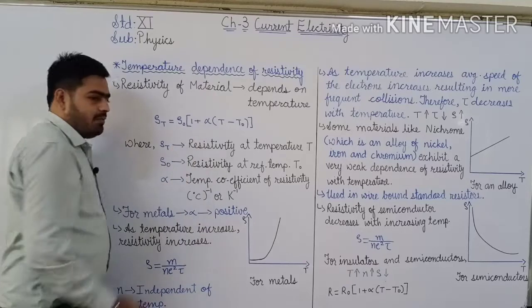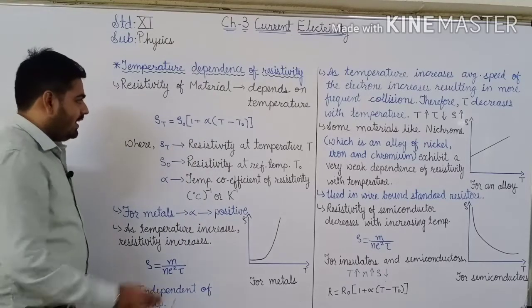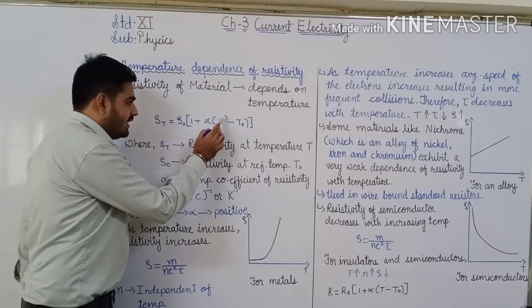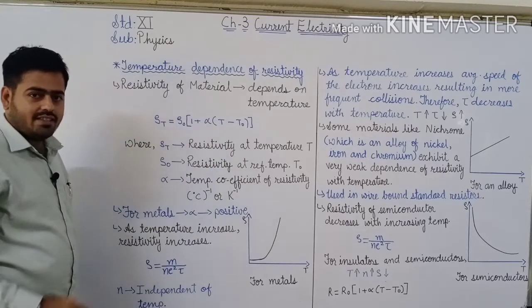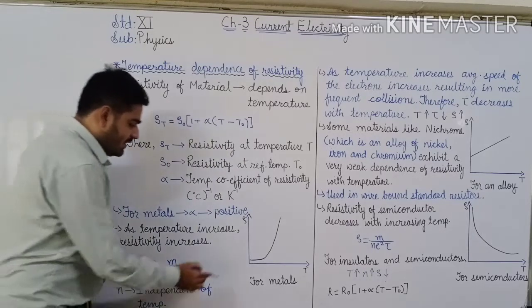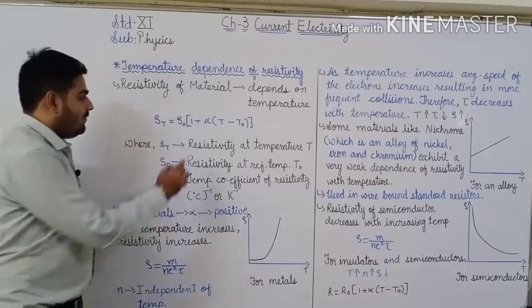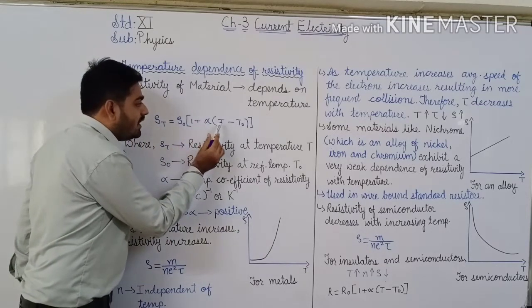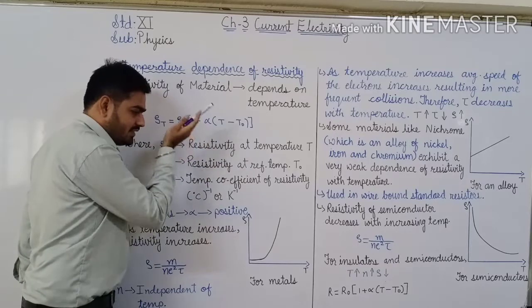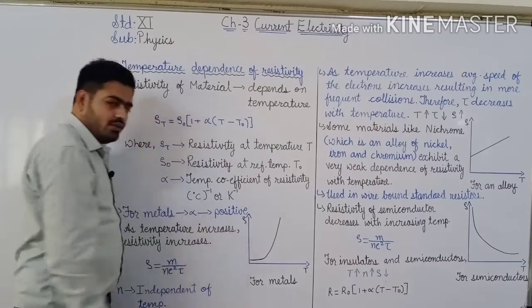If the value of alpha is positive, then as temperature increases, resistivity also increases.